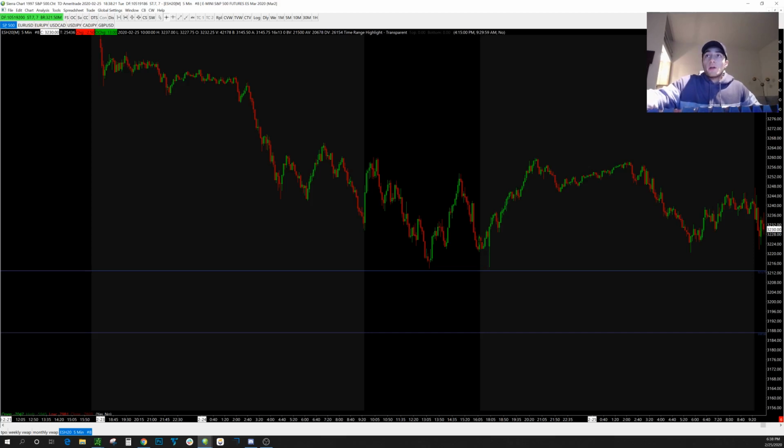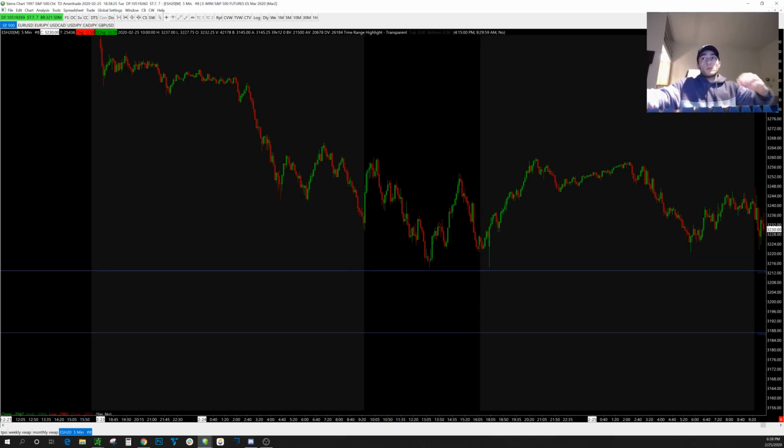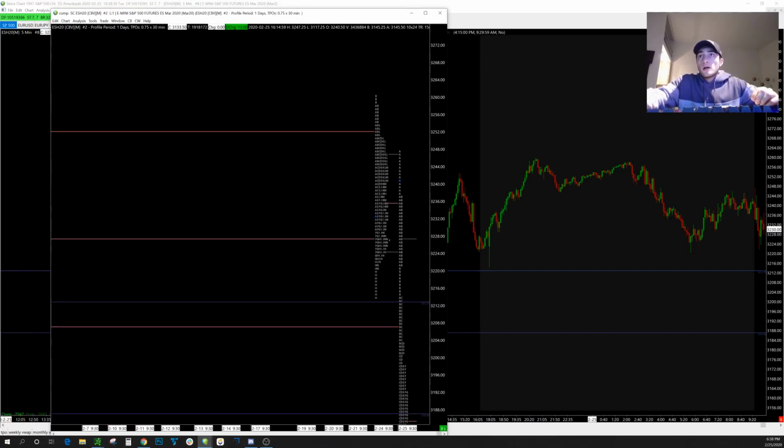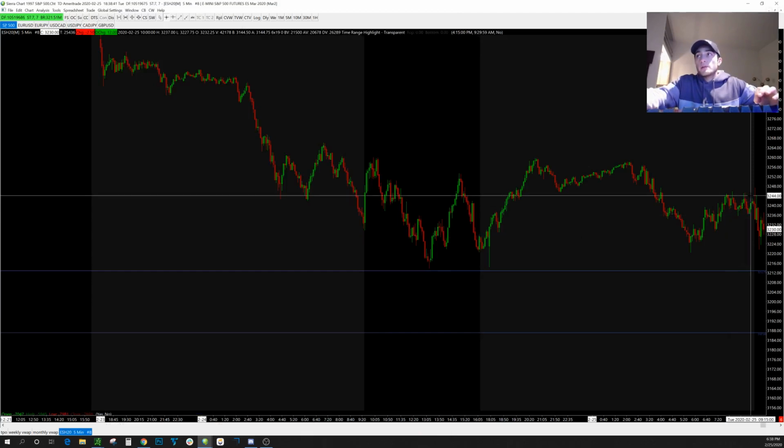Another thing I was looking at coming into the open: the market was long. We had a close yesterday of about 32.27 right there, and coming into the open, where was price? Above 32.27.